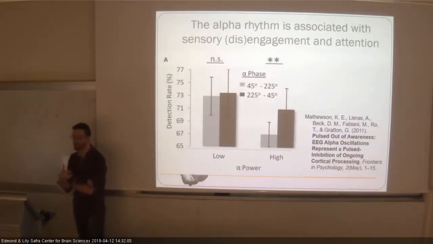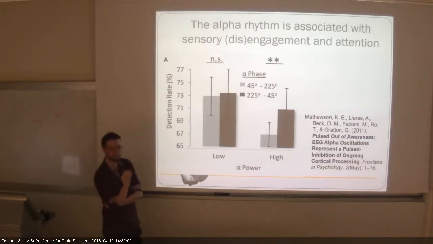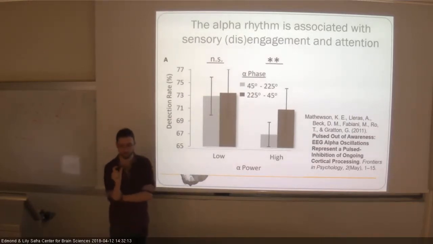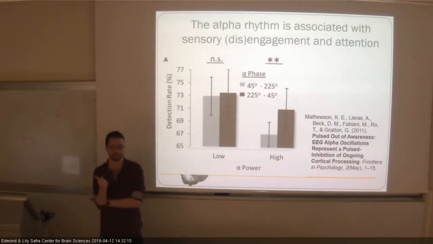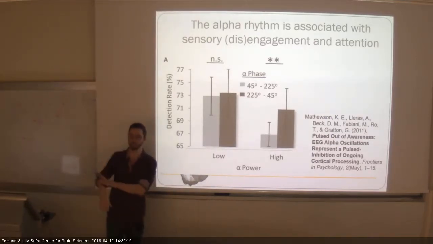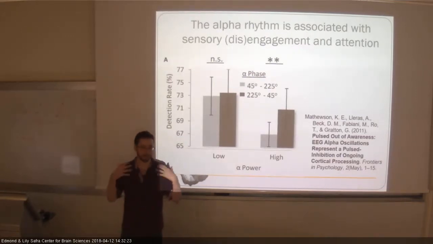So, for example, if I ask you to detect a stimulus that is hard to see, so you see it about 50% of the time, and I record your EEG and see what your alpha power is at the time of the stimulus appearance.